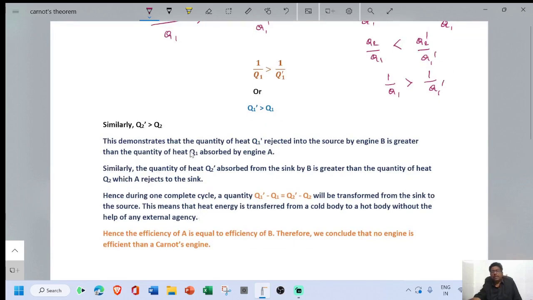This demonstrates that the quantity of heat Q1 dash rejected into the source by the engine B is greater than the quantity of heat Q1 absorbed by engine A. Similarly, the quantity of heat Q2 dash absorbed from the zinc by B is greater than the quantity of heat Q2 which A rejects to the zinc.